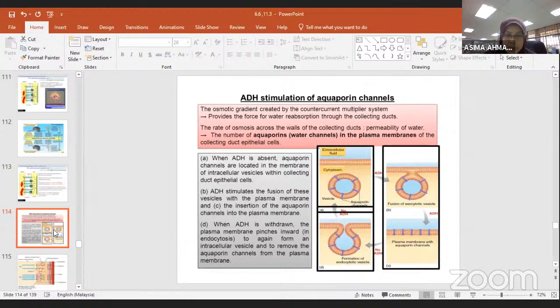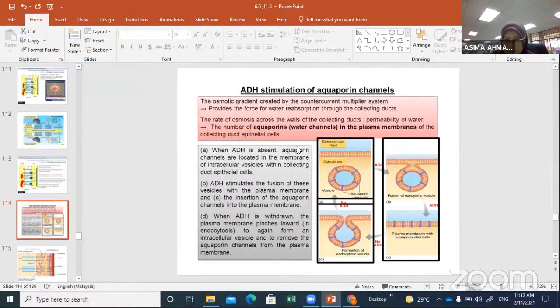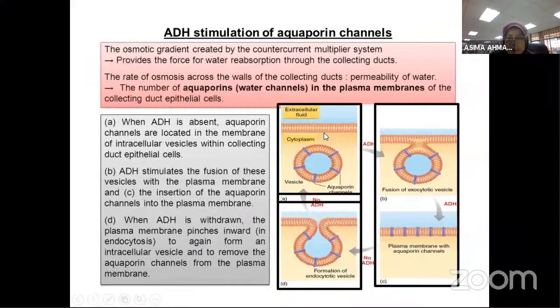Okay, so this is aquaporin. As you can see, look at the picture given here. This is the extracellular fluid, and this is the plasma membrane, the phospholipid bilayer, and this is aquaporin channels in a vesicle.